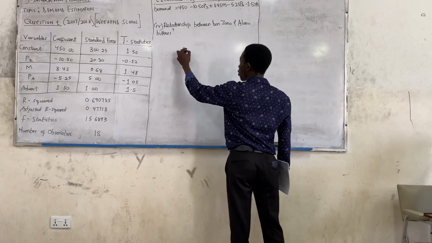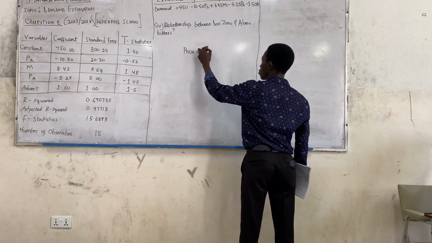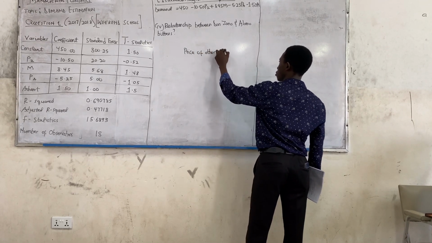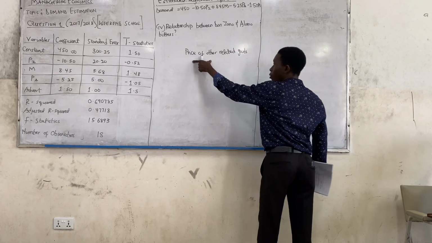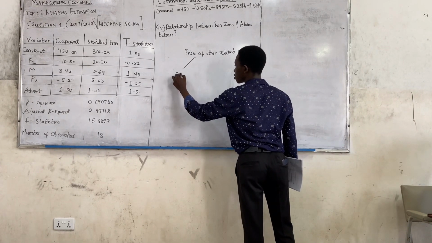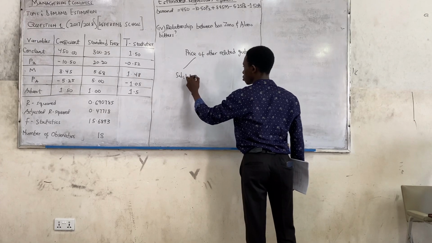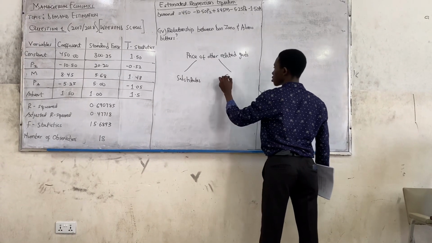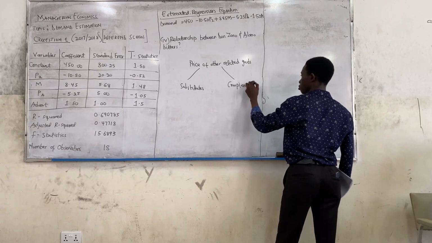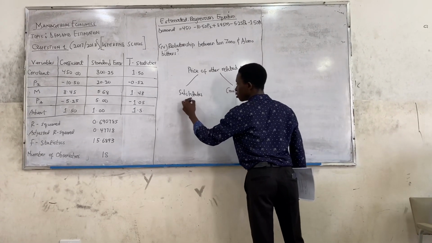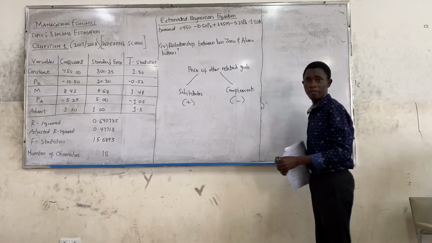So with the price of other related goods, we know that we have substitutes. We also have complements. Substitutes have positive values, complements have negative values.